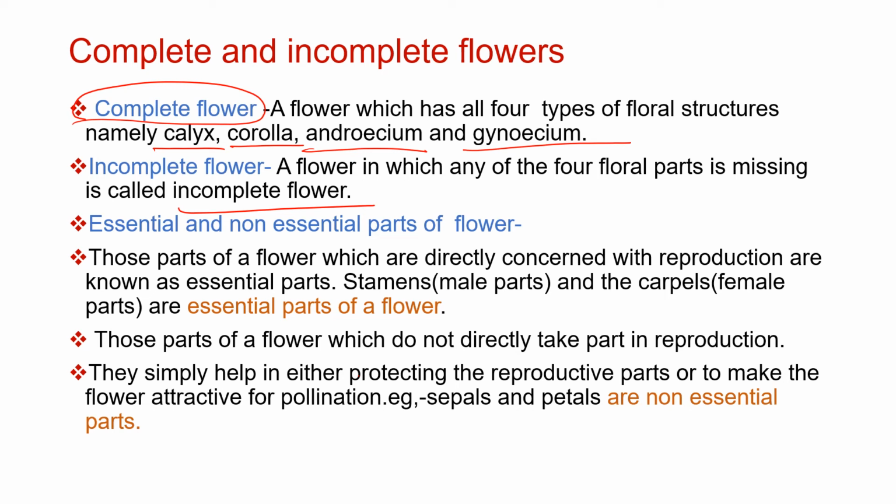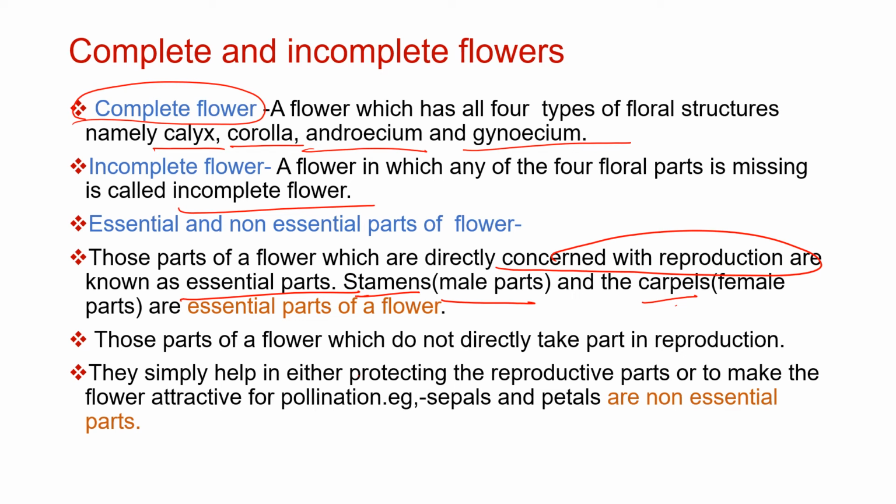And what are the essential and the non-essential parts of a flower? Those parts of a flower which are actually concerned with reproduction are called the essential parts. I have already told you earlier that the stamens are the male parts, having the anther and the filament, and the carpels are the female parts of the flower.